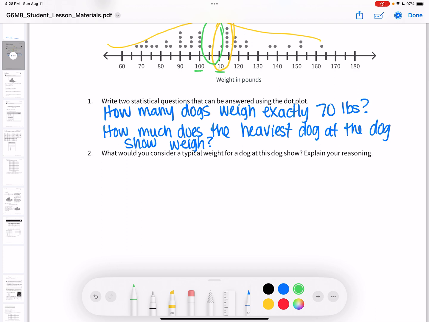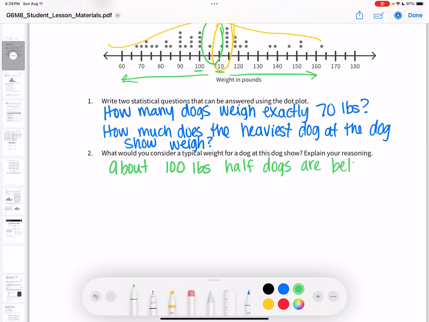So let's say about 100 pounds. Because if you look, about half of the dogs are below that weight and half the dogs are above that weight. So it's close to the center of our data.